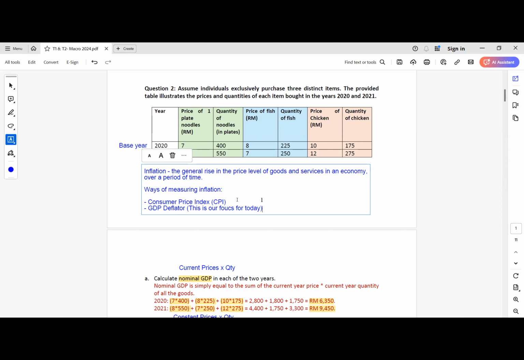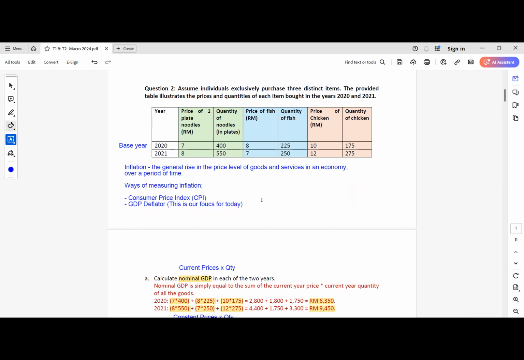So a slight difference over here. When you look into CPI, the consumer price index, we look into the average changes in the price level of a basket of goods and services.